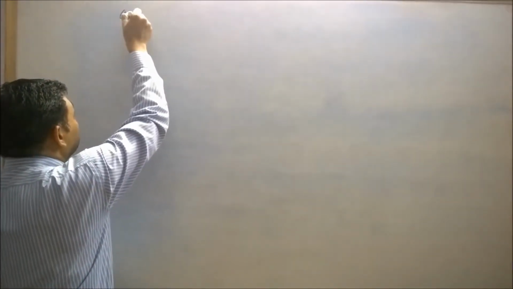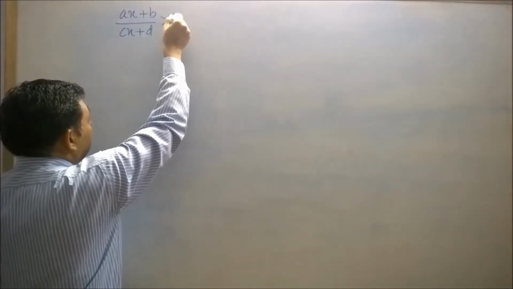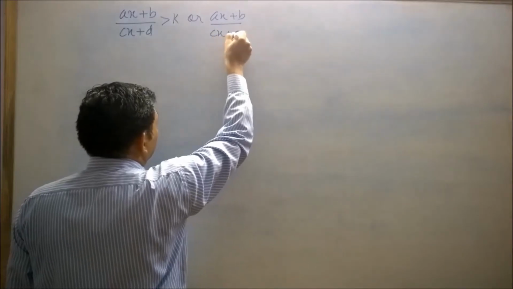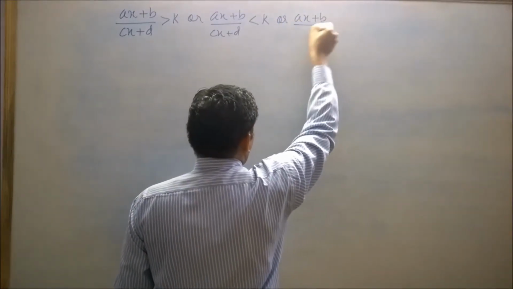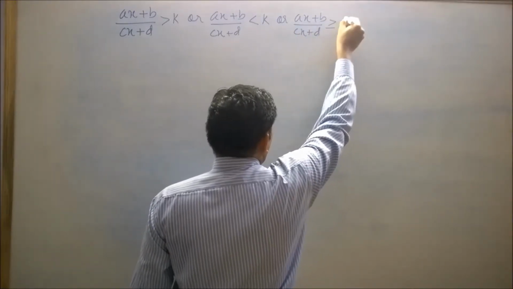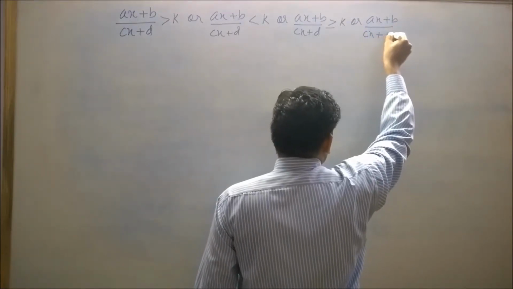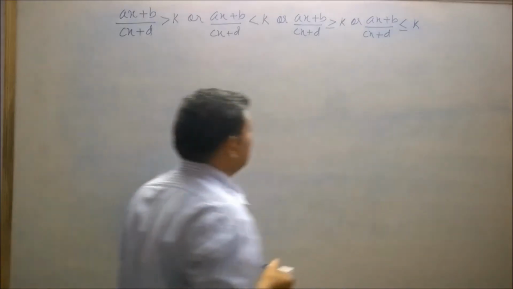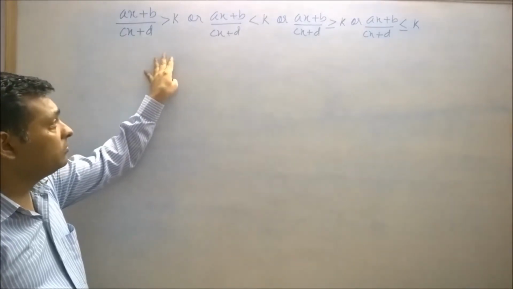If this kind of linear inequality has been given to us as (ax + b)/(cx + d) is greater than k, or (ax + b)/(cx + d) is smaller than k, or (ax + b)/(cx + d) is greater than or equal to k, or (ax + b)/(cx + d) is smaller than or equal to k, then we can solve this type of linear inequalities by using this algorithm.